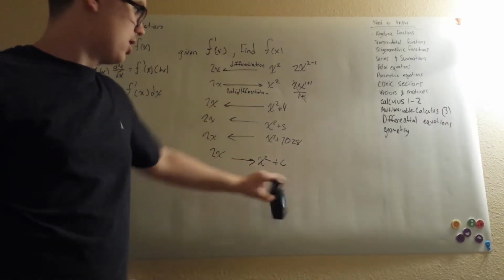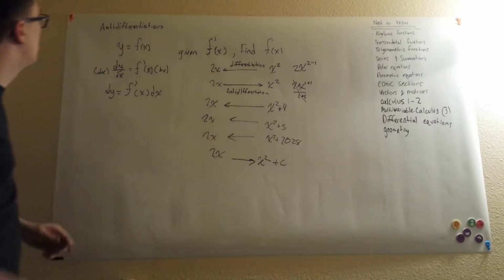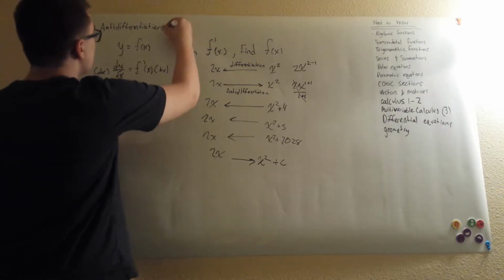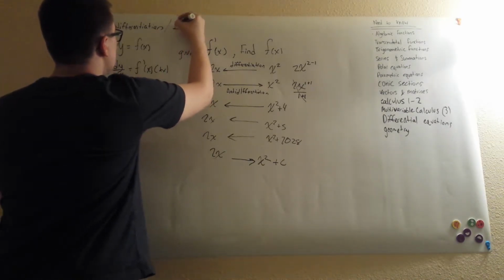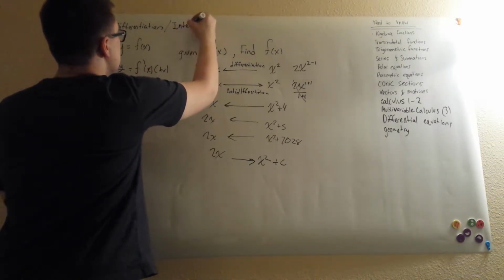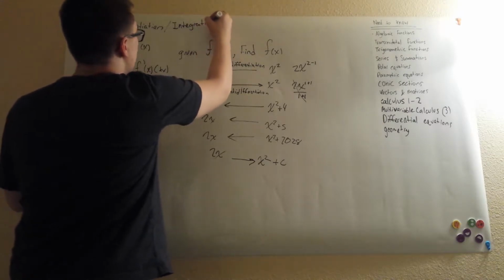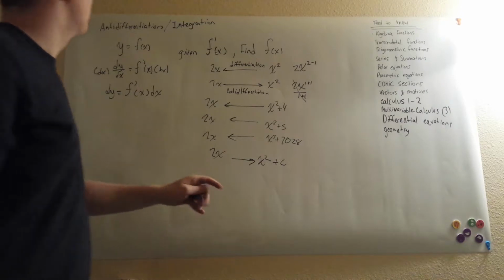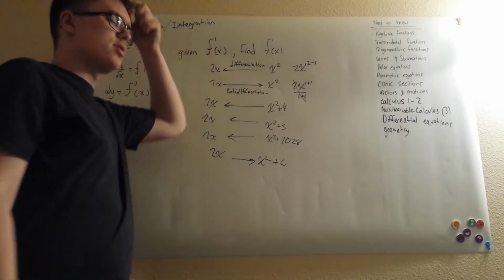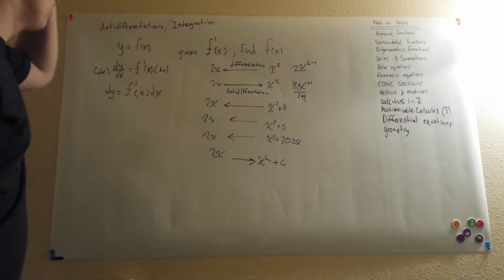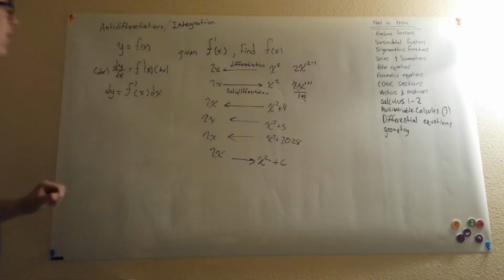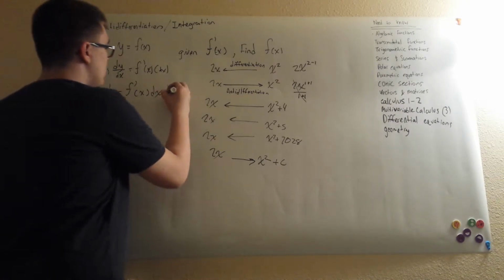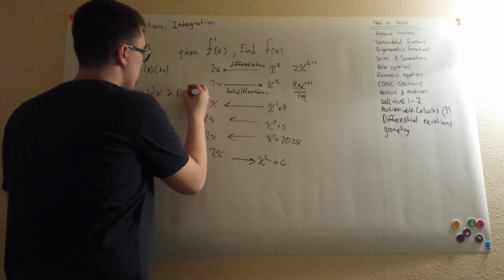We just write a c. Another name for antidifferentiation is integration. And we have a symbol for that, like we have a symbol for differentiation. So, back to this diagram right here. This is called the differential form.